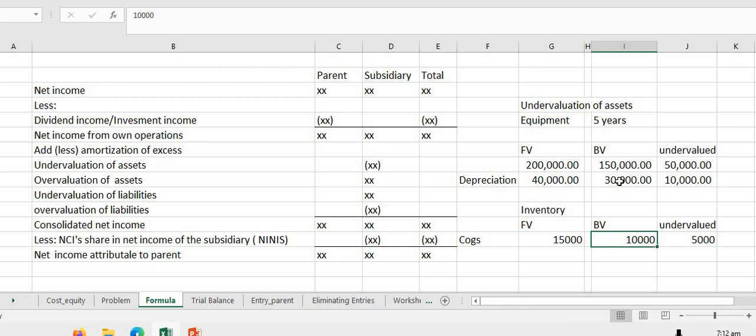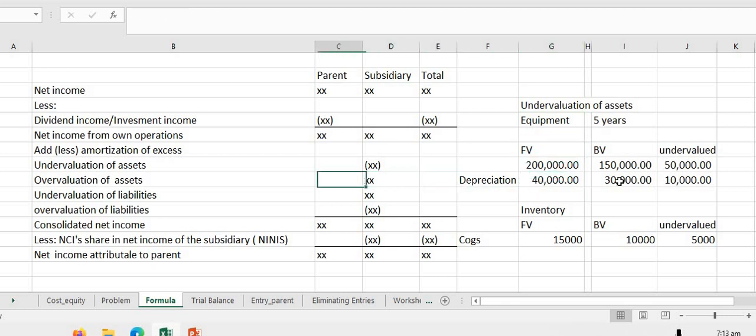However, for consolidated purposes, the cost of goods sold should be 15,000 kasi nga the fair value of the inventory at the date of acquisition is 15,000. So therefore, its cost of goods sold is understated, so therefore its net income is overstated. That's why we are to deduct the undervaluation of the asset. Okay?